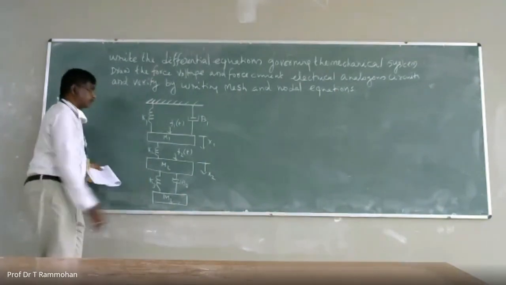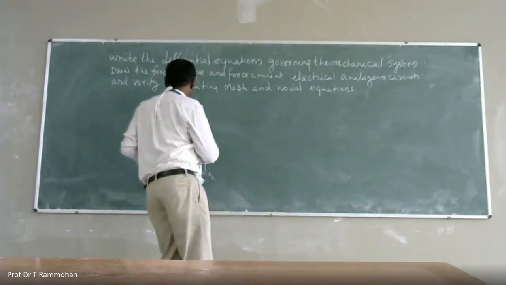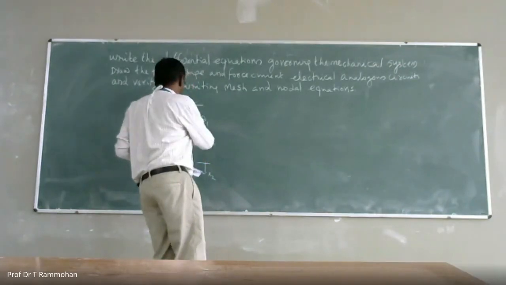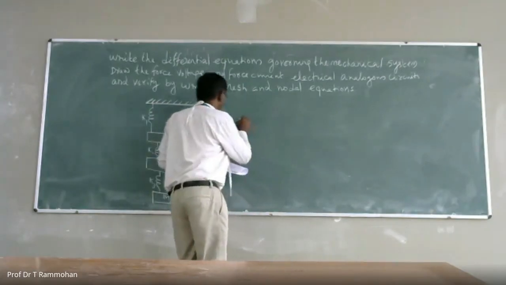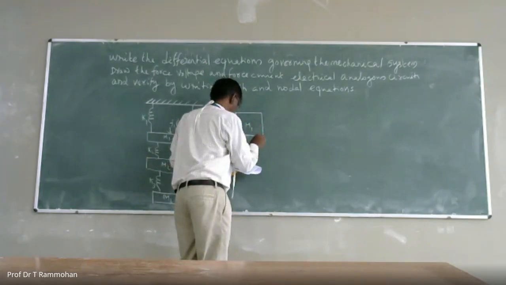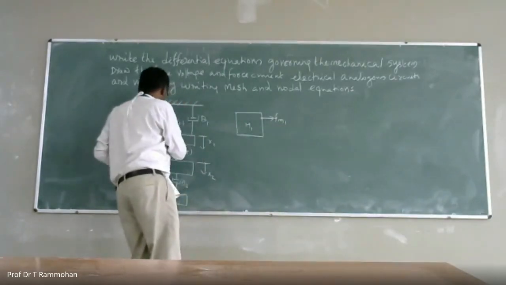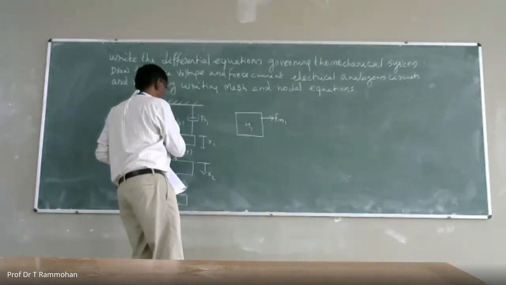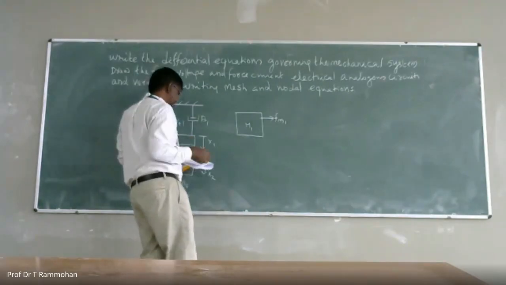This is the problem. Now, what is your first step? First step is to draw the free-body diagram for mass one. Elements connected to M1 are K1, B1, K2, and M1 will have an opposing force, and the applied force is F1 of t.